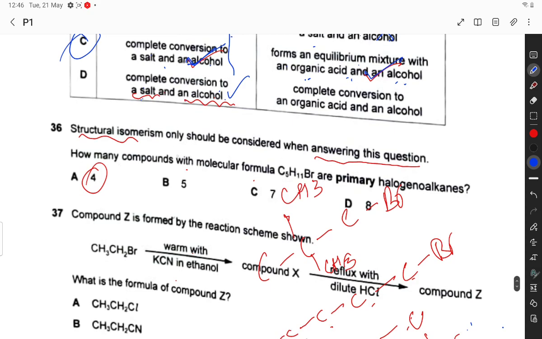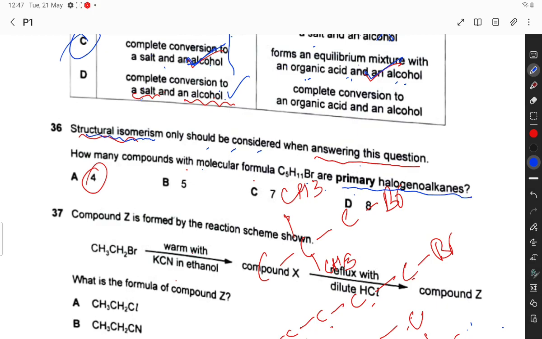Structural isomerism only should be considered when answering this question. How many compounds with molecular formula C5H11Br are primary haloalkanes?